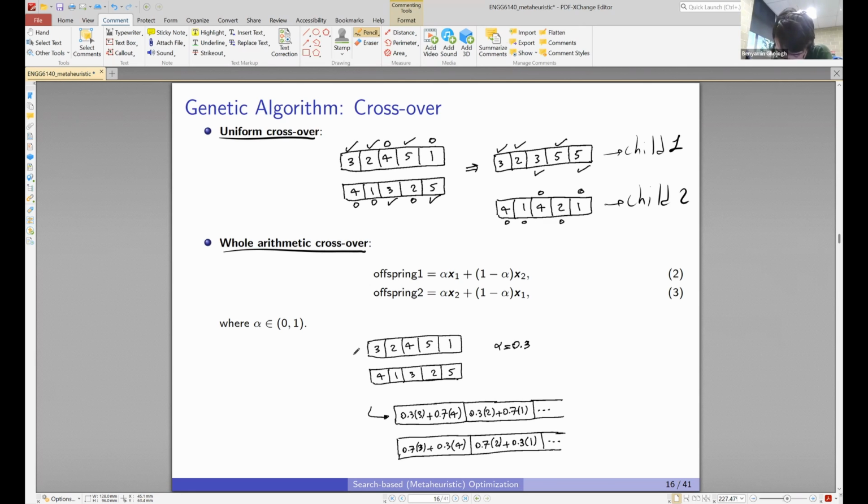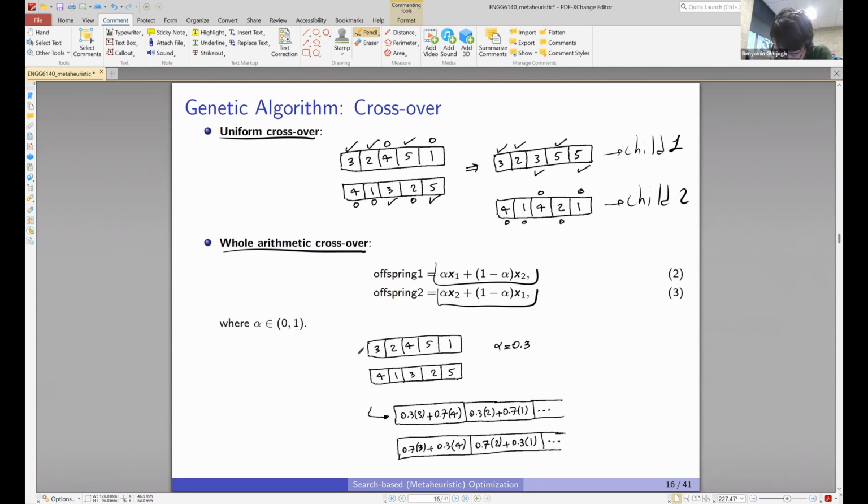For example, child 1 can be alpha x1 plus (1 minus alpha) x2, or child 2 can be alpha x2 plus (1 minus alpha) x1, where alpha is between 0 and 1. So it's an interpolation or linear combination of these two parents.